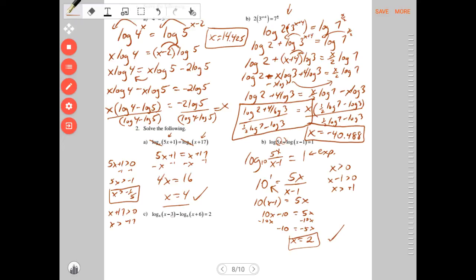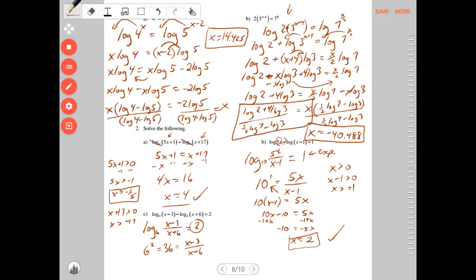Again, we have 2 logs that are subtracting, so we're going to end up with 1 log base 6 of x minus 3 divided by x plus 6 equaling 2. Remember, logs solve for exponents, so the 2 is an exponent on the base 6. So 6 to the 2, which is 36, equals x minus 3 over x plus 6.